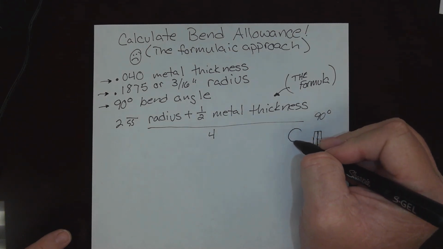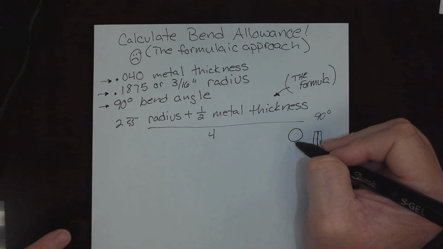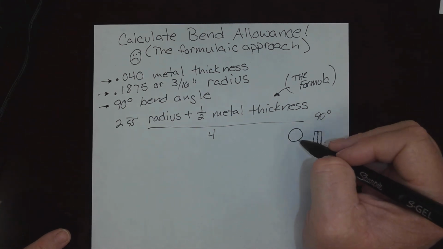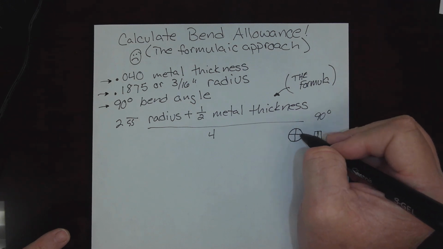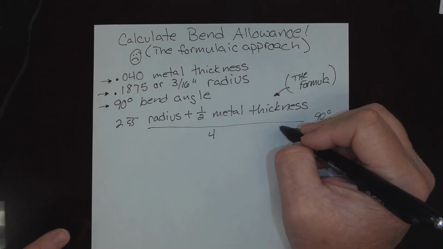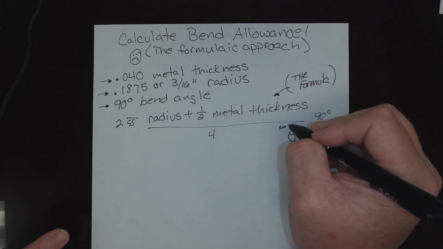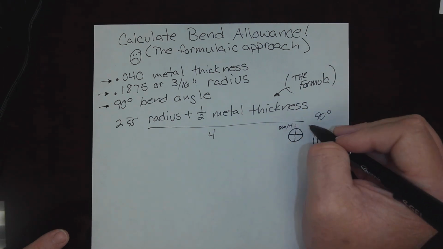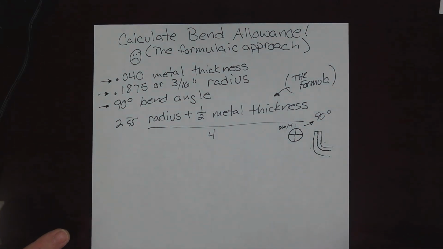Once again, remember back, all of our bends are based on that shape, right? Some form of a circle. That represents the radius of the bend. And in this case, if we divide by 4, what we would be dividing is 360 degrees divided by 4. And guess what that equals, folks? 90 degrees.